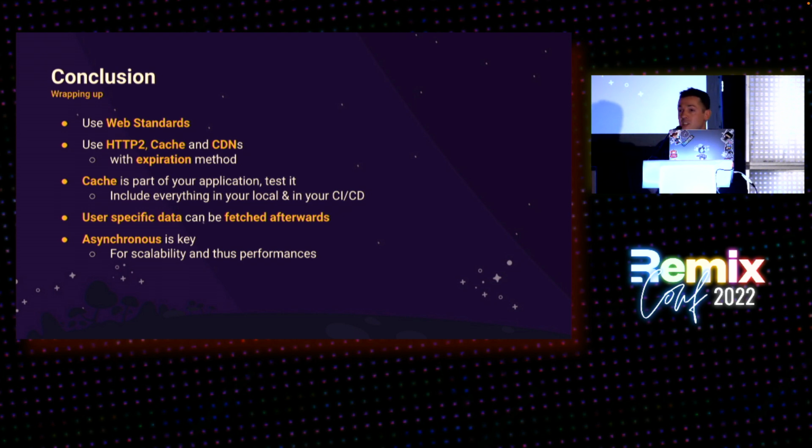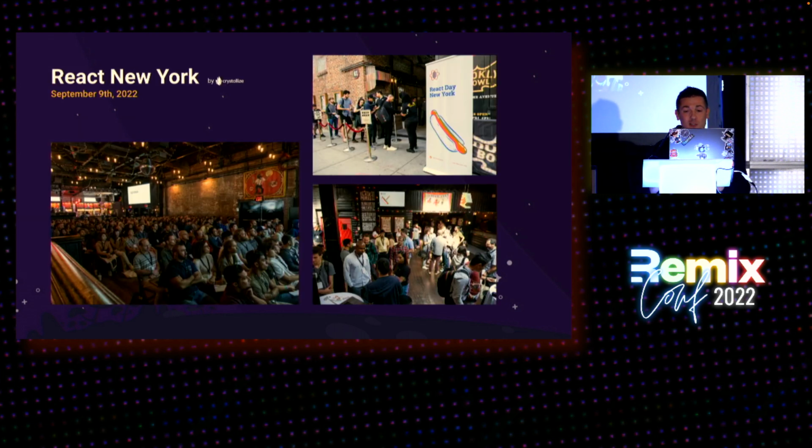Another trick regarding cache: make it part of your application. Don't keep cache just for production or staging. Make your local development and your CI use HTTP cache. You can have Docker, Varnish. You can replicate the cache in your CI and on your local. Same for HTTPS. Do that, and you're going to build great projects. And of course, asynchronous is key. That's it. Thank you very much.